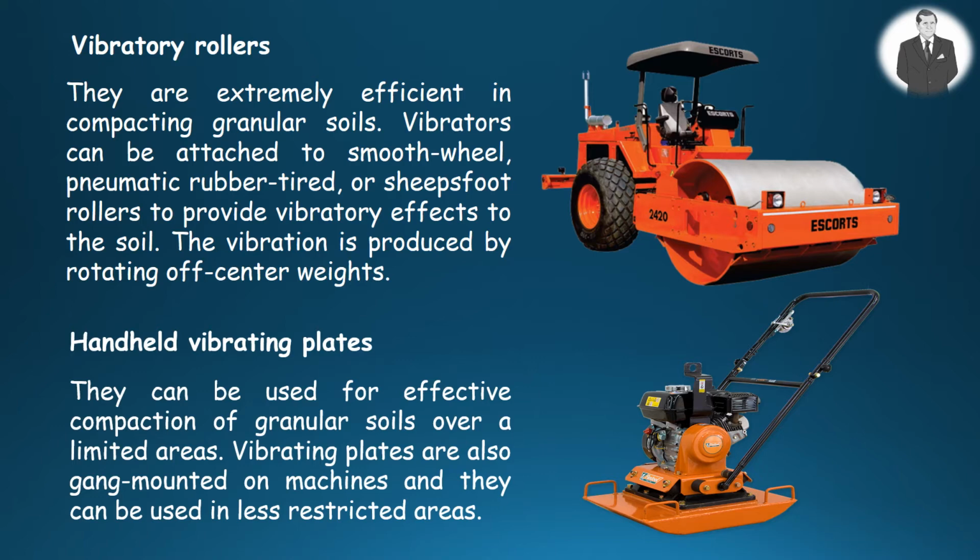Handheld vibrating plates can be effectively used for the compaction of granular soils over restricted areas. Vibrating plates are also gang mounted on machines, which can be used in less limited areas.